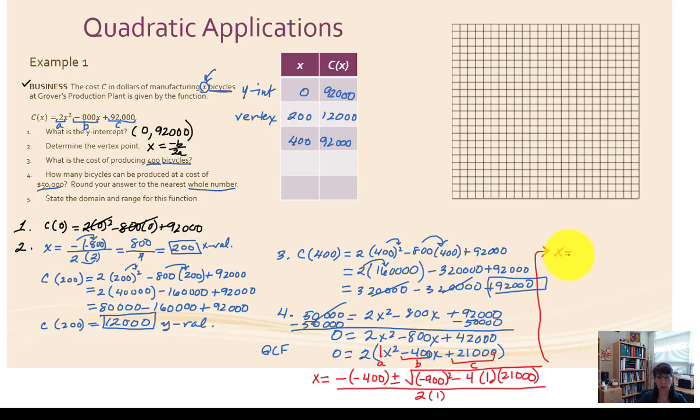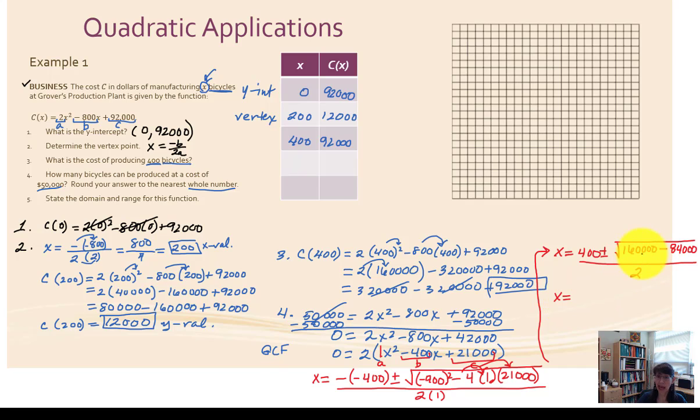So the x value is going to be equal to positive 400 plus or minus the square root of negative 400 squared. So that is two quantities of negative 400. That would be 160,000. And then we have our three factors. Negative 4 times 1 times positive 21,000. So we have a negative times a positive, so we will be subtracting. So 4 times 21,000 would be 84,000. These terms are all divided by 2 times a, which was our 2 times 1, so that's 2.